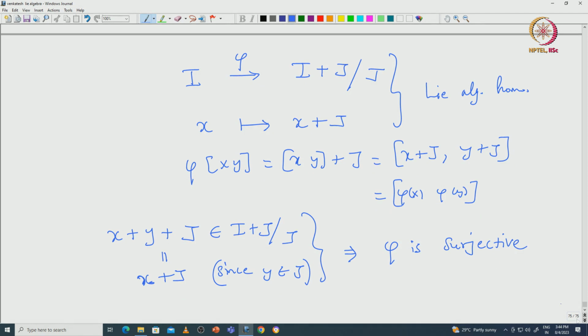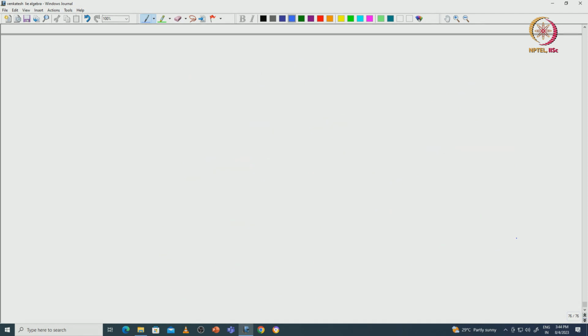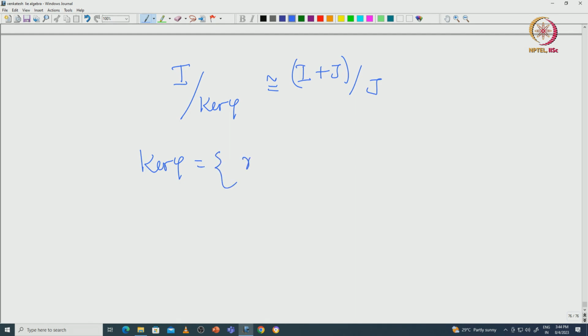Now, what is the kernel? If you can identify the kernel, then I modulo the kernel of phi will be isomorphic to, because the map is surjective, I plus J modulo J. But the kernel, if you look at it, is those x in I such that phi of x is 0.